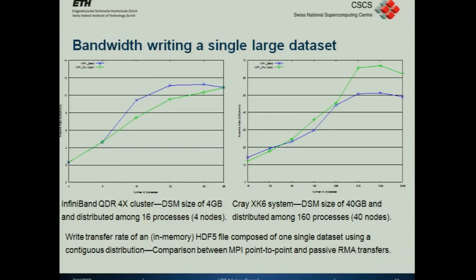On a small cluster, if we have 4 nodes each with 4 processes, allocating a DSM, we write into it, and this, I think, says 10 gigabytes per second. So you open up the file, you write into it, you close it, and you get about 10 gigabytes per second because you've basically used all the links.